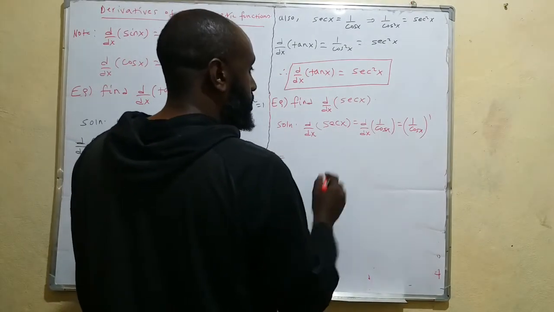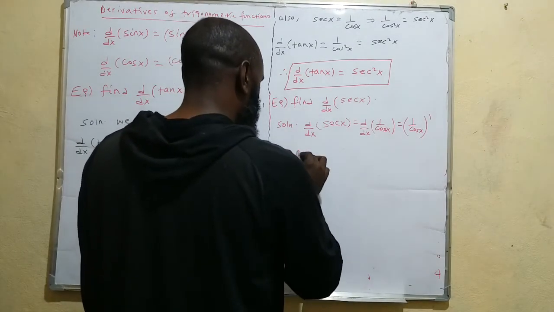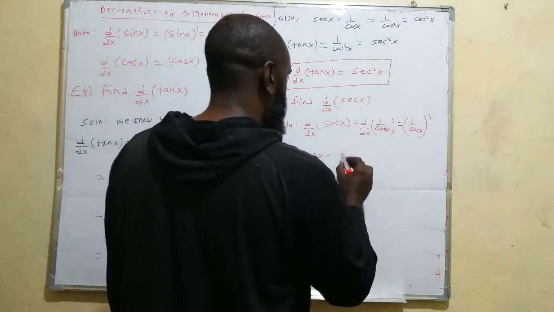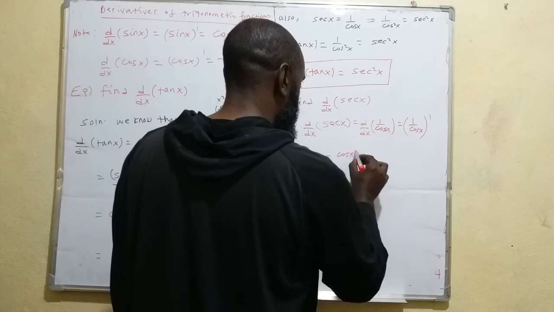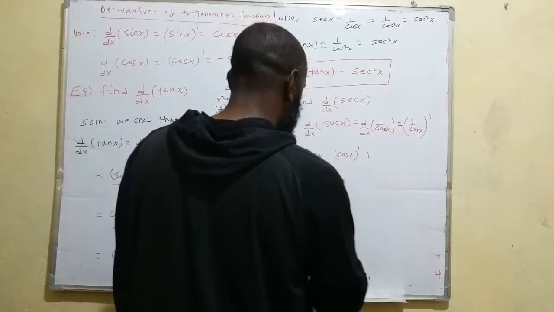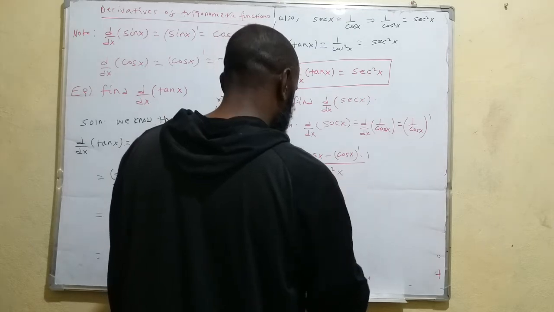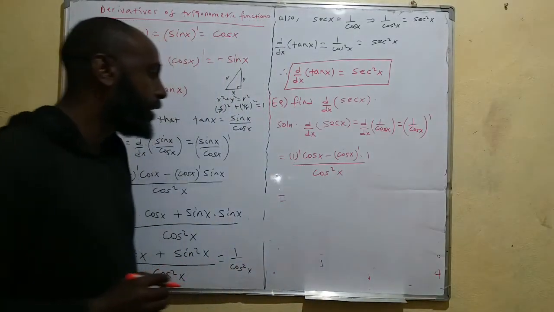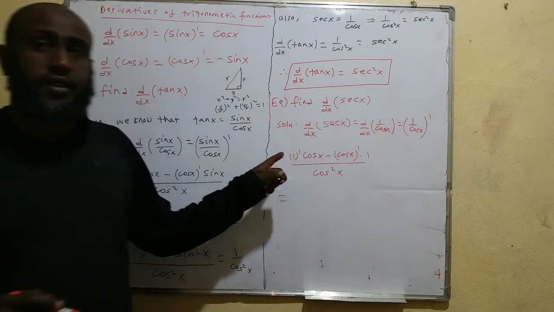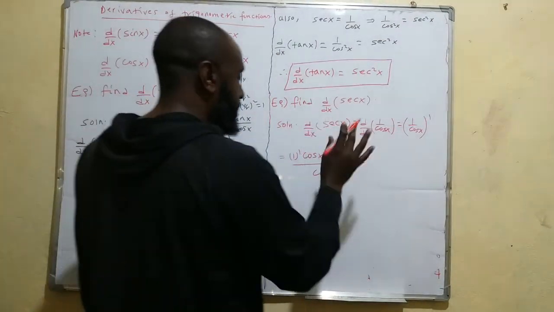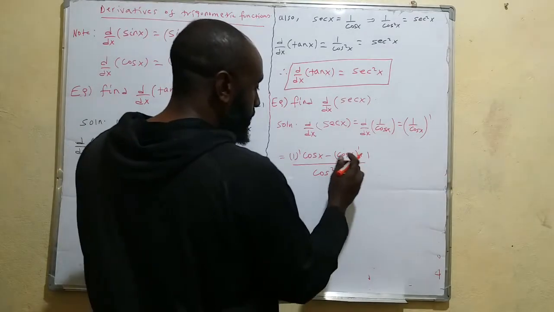This is equal to the derivative of 1 times cos x, minus cos x derivative times 1, over cos square x. So 1 is constant, and the derivative of a constant is 0. 0 times anything is 0.